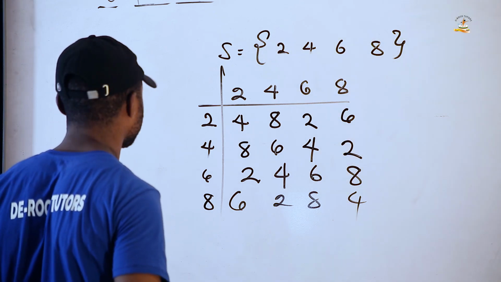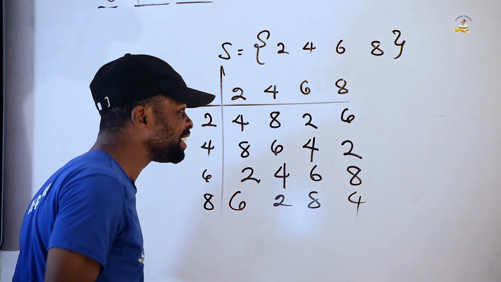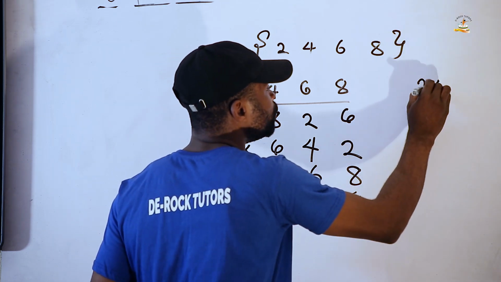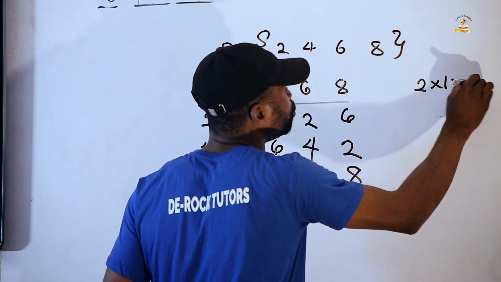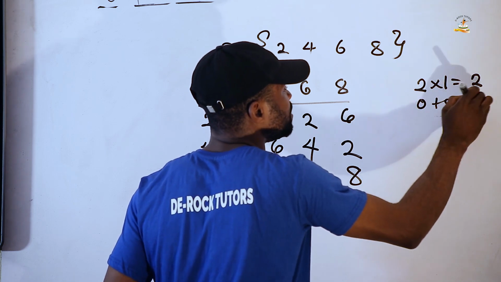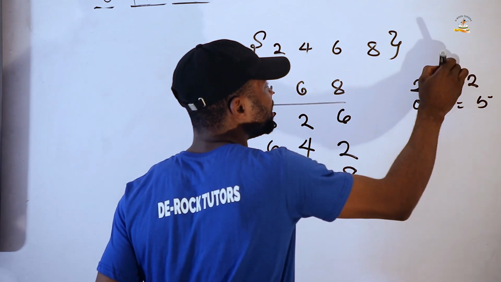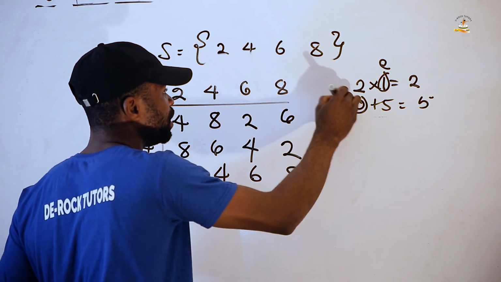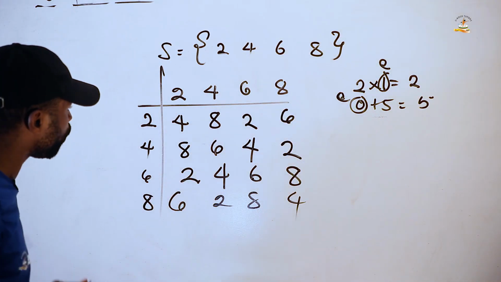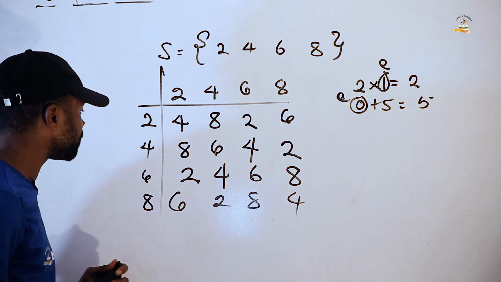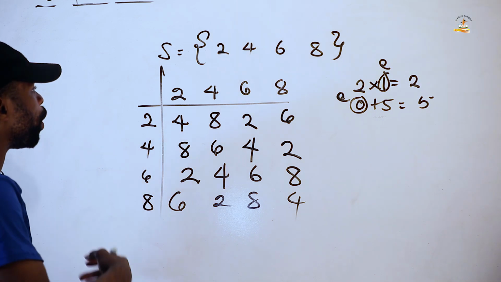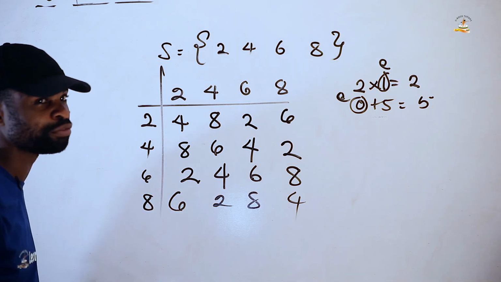We proceed to check for the identity. Identity is a neutral element. Like 2 times 1 is equal to 2. 0 plus 5 is equal to 5. In this case, 1 is an identity. In this case, 0 is an identity. So let us see, for each of these numbers, 2, 4, 6, 8, if there exists any number that we operate with 2 to get 2 itself.